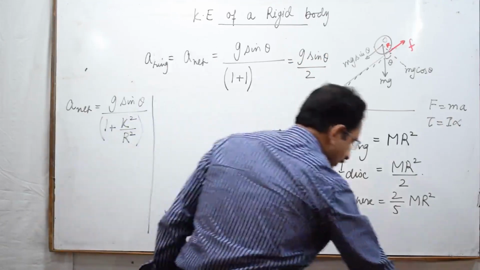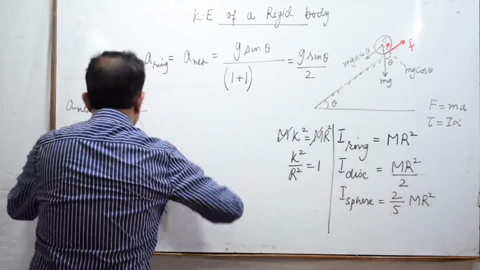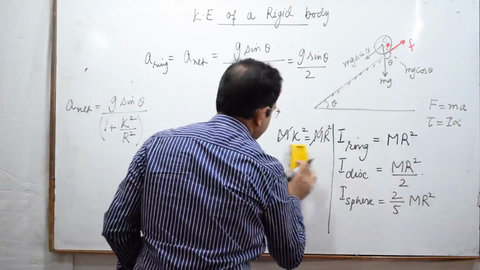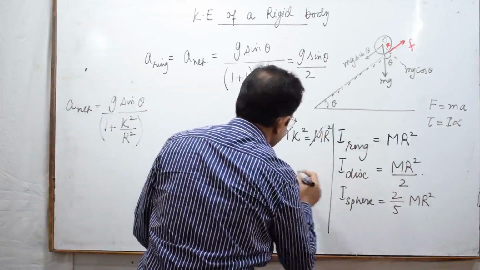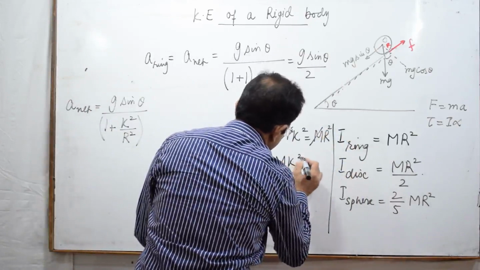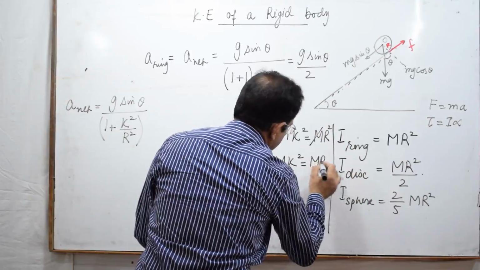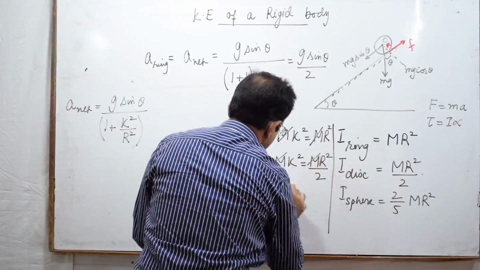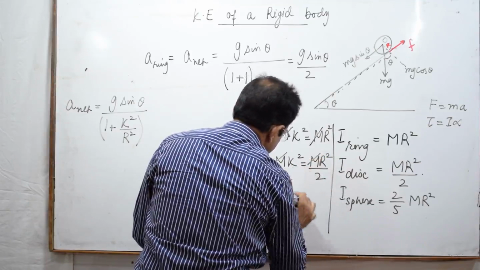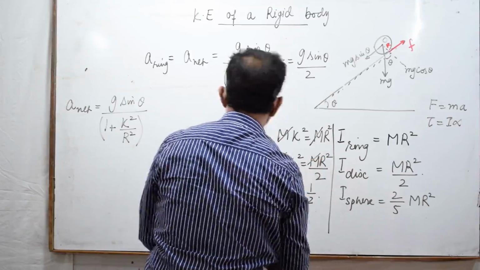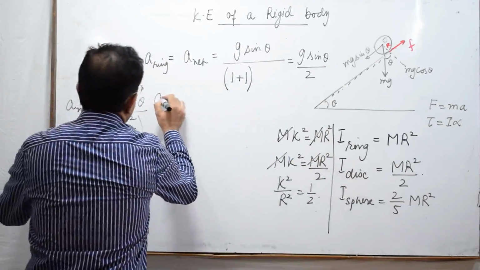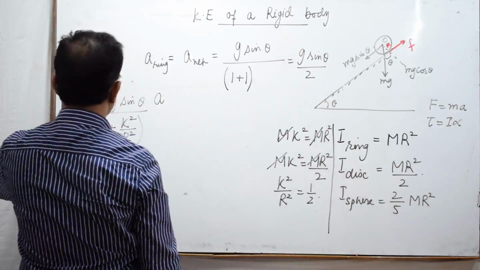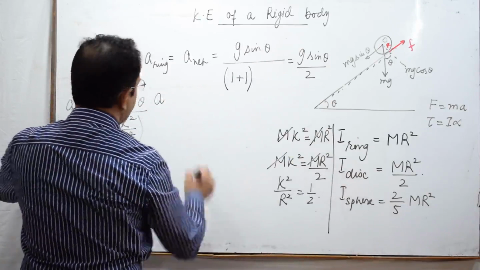Let's repeat this procedure for the moment of inertia of a disk now. For the disk, when we write m k square is equal to m r square by 2, what you'll see is m will get cancelled, k square by r square will become equal to 1 by 2. So what will be the result here when I find this net acceleration for a disk?